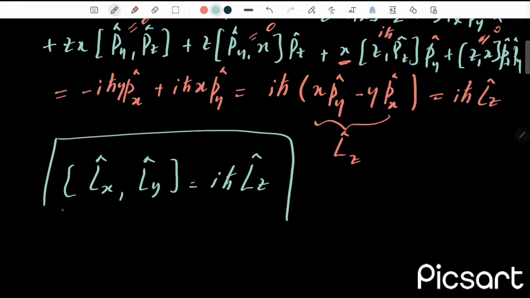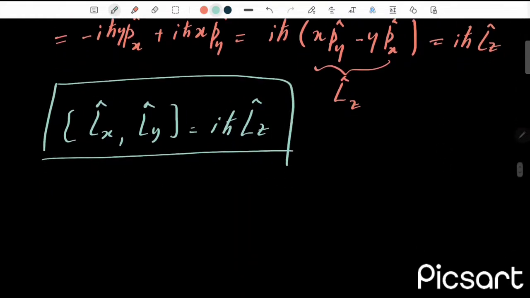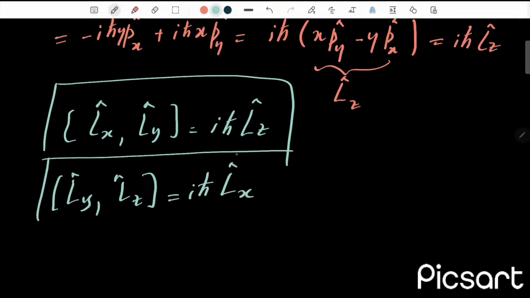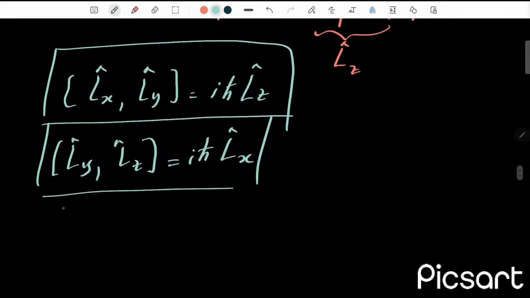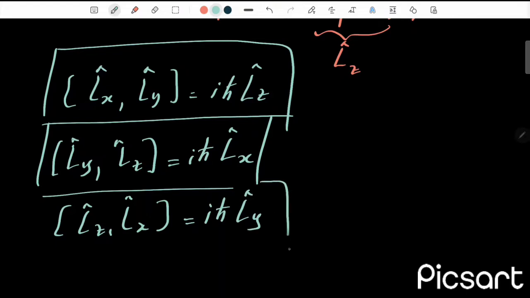And we can also verify, using the same procedure, that the commutator of Ly with Lz is equal to i h bar Lx, and also that the commutator of Lz with Lx is equal to i h bar Ly.